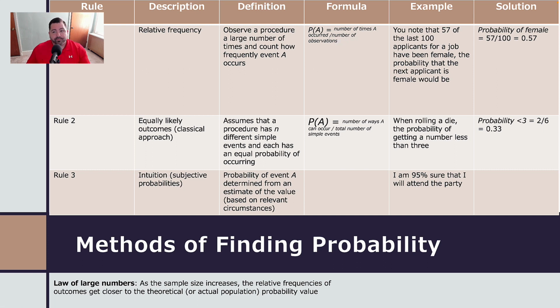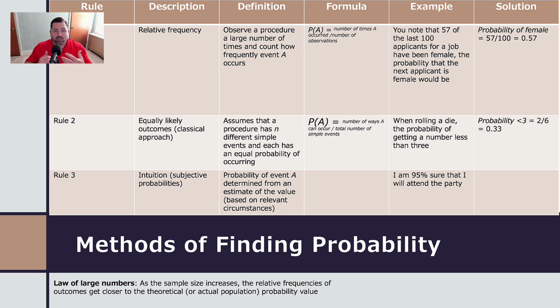If we look at an example and we note that 57 of the last 100 applicants for a job have been females, we can estimate the probability that the next applicant will also be female, right?